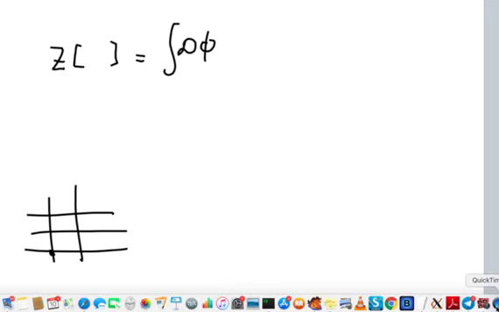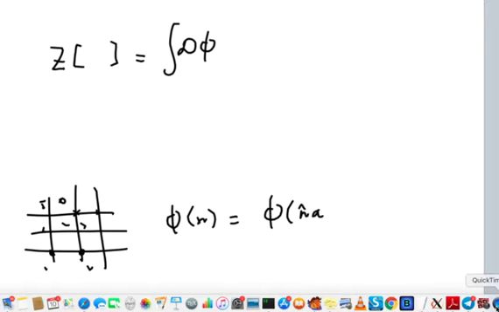So if I label with 1, 2, 3, 4, 5 all the lattice sites or lattice centers, depending if I want to label it at a corner or in the center of the square, that's an arbitrary choice. Then my field phi of x is really a discrete index, which basically tells me where I am on a discrete lattice.